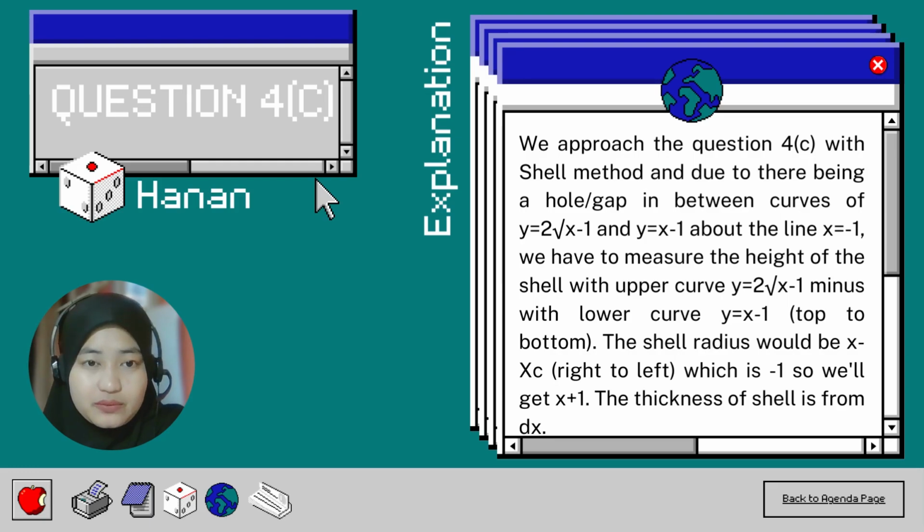This can be seen from top to bottom in the graph. The shell radius would always be x minus the center, from right to left, which is x minus xc. xc is the line axis x equals negative 1. Therefore, we'll get x plus 1 for the radius. The thickness of the shell is from the x.